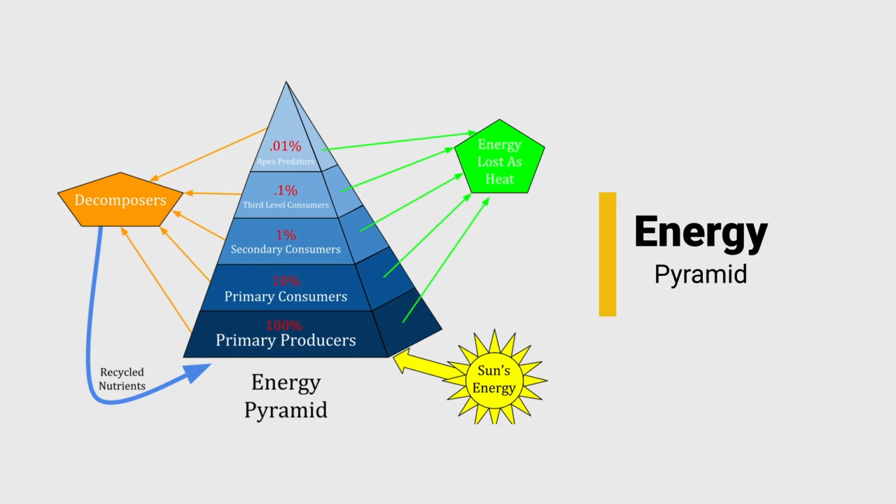Then of that 10%, only 10%, meaning 1% of the energy the producer received, is transferred to the secondary consumer. So in that way, at the top carnivores, you will get 0.01% of the energy. That's why the energy pyramid is always upward.